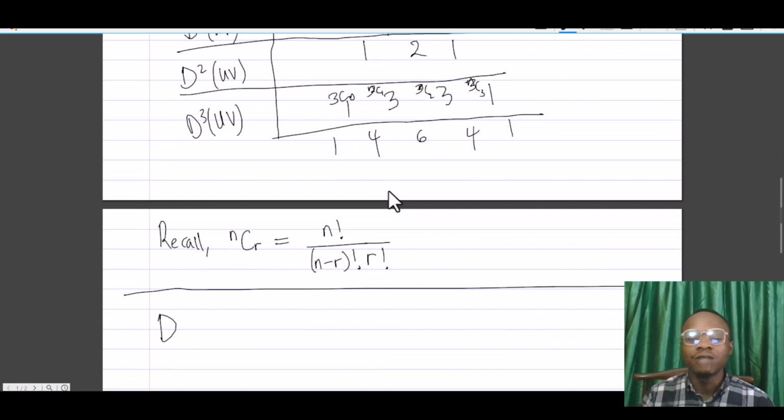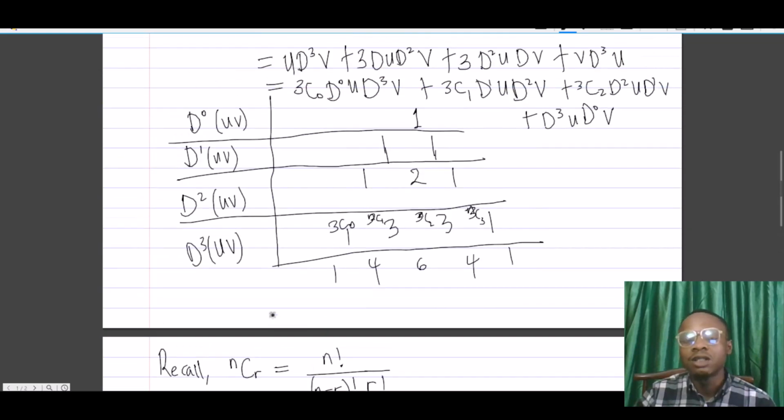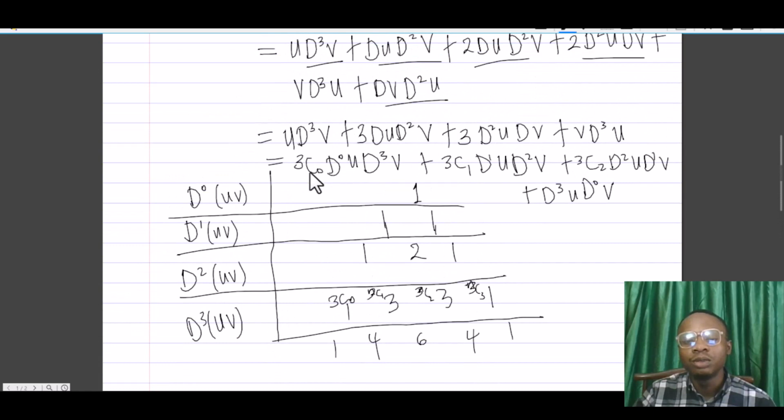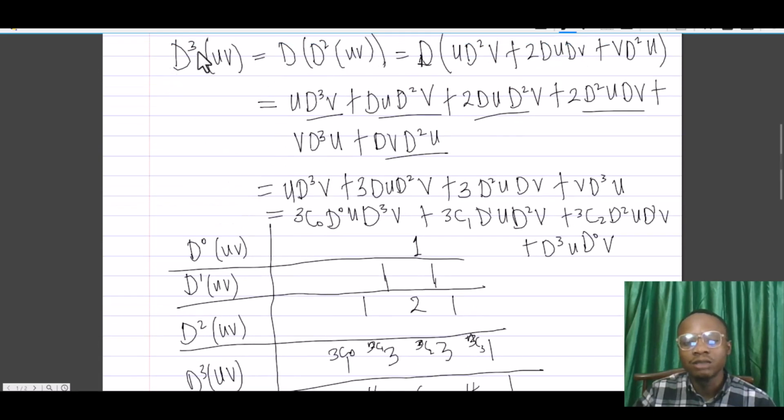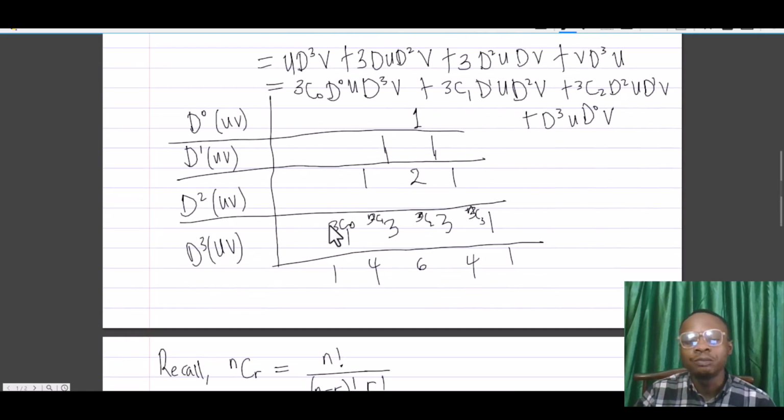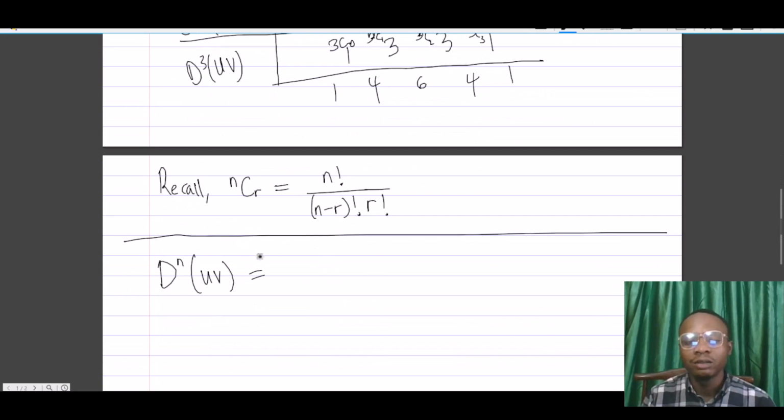So we now observe that if we want to take the nth derivative of uv, how do we get the terms? The first term will be n combination 0, just as the third derivative had 3 combination 0.